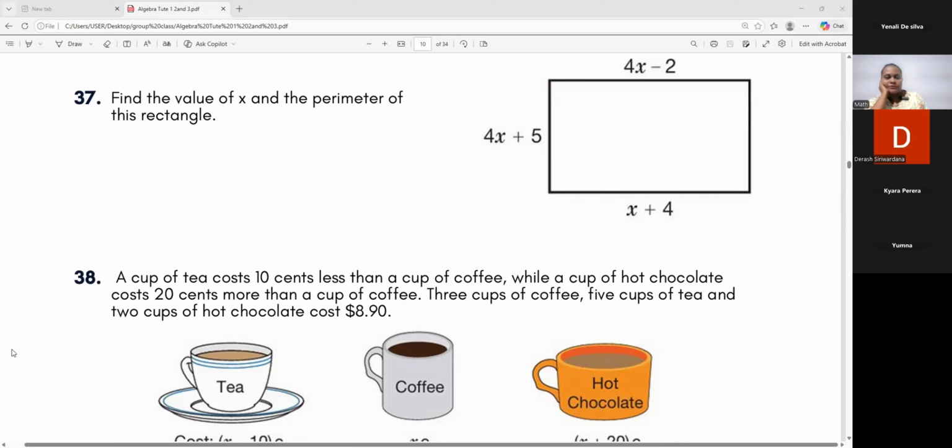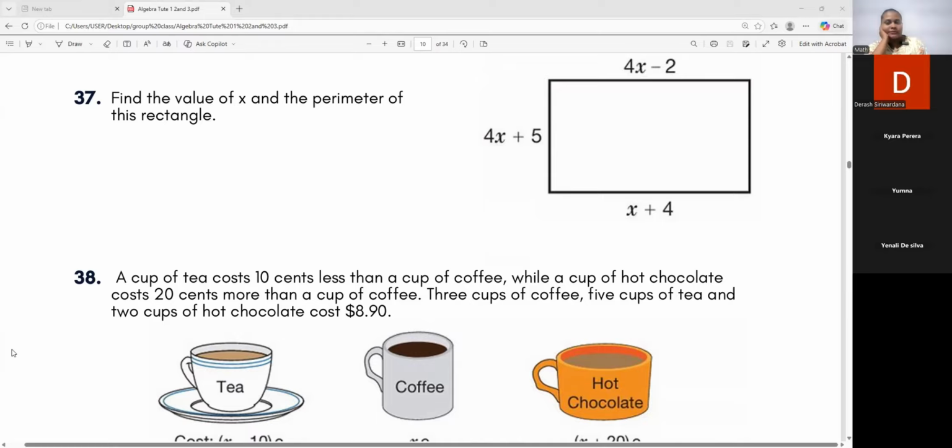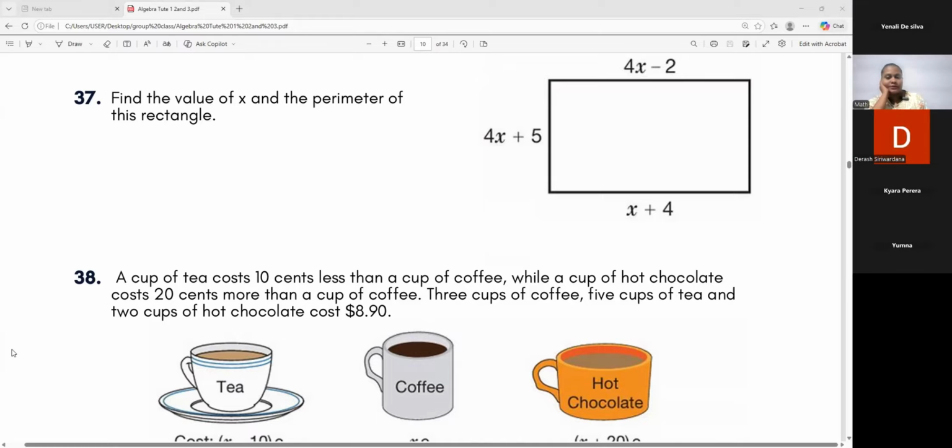Who has found the value of x? Teacher, is it 2? Yes, it's 2. Who else found it? After finding the value of x, only then can you write the perimeter.